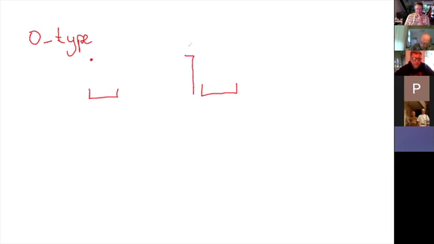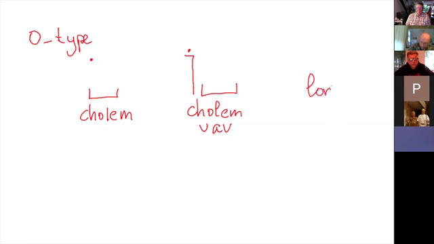it is above a vav. This one is called a golem, and this one is called a golem vav. So both are long, like in the word shalom.